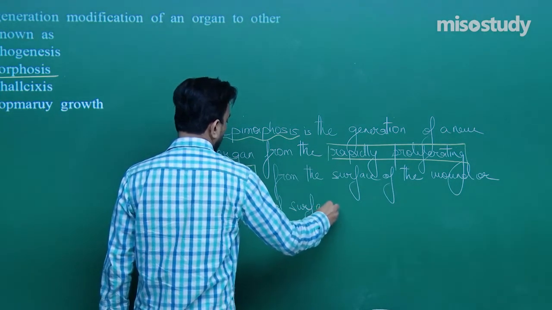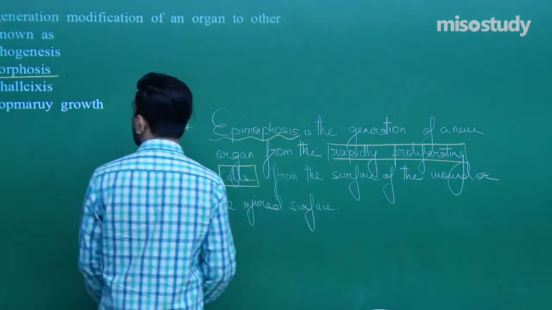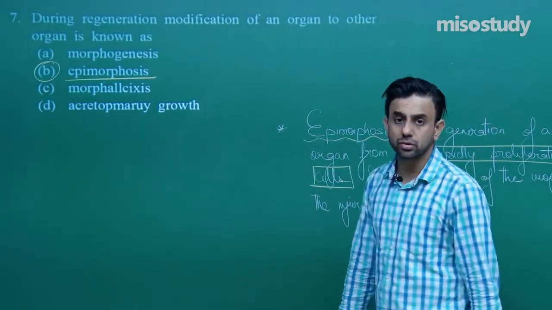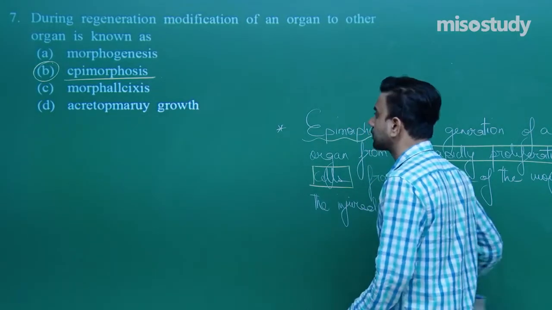So, during regeneration, modification of organ to another organ is known as epimorphosis.